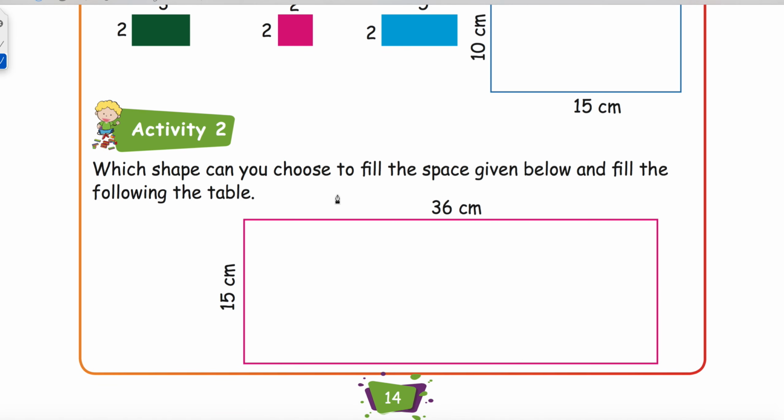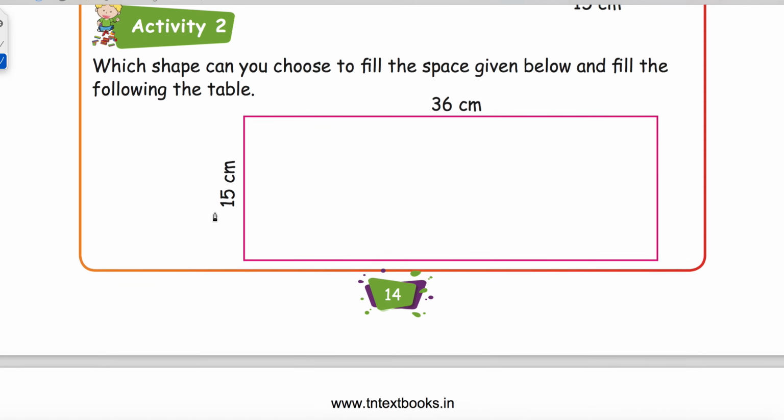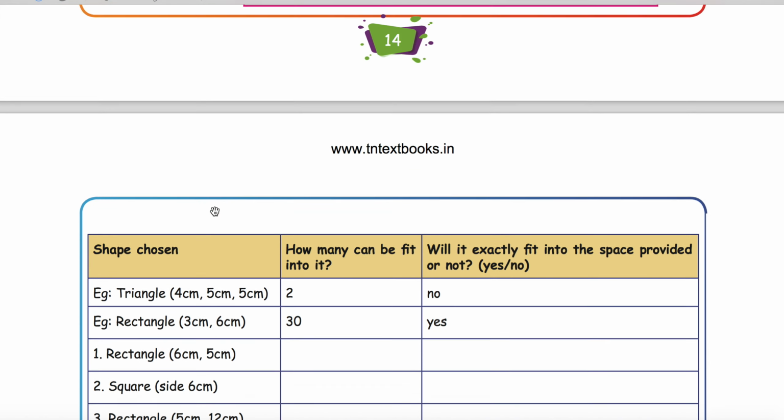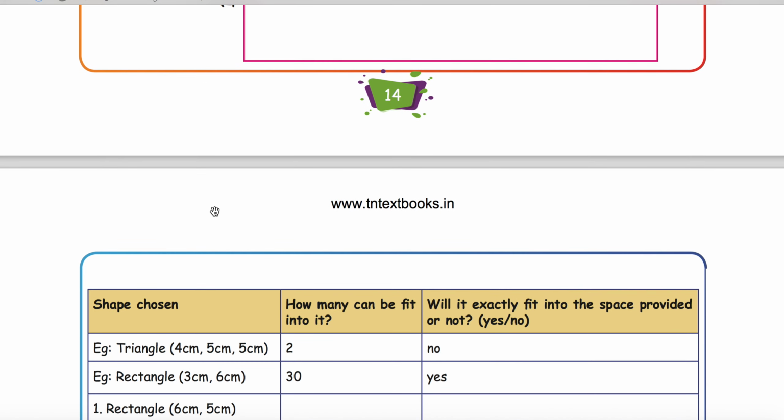Which shape can you choose to fill the space given below and fill the following table? Triangle, will it exactly fit the space provided or not?